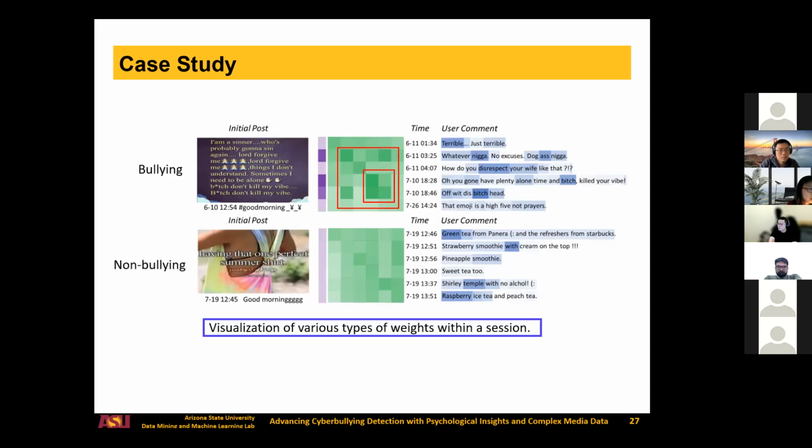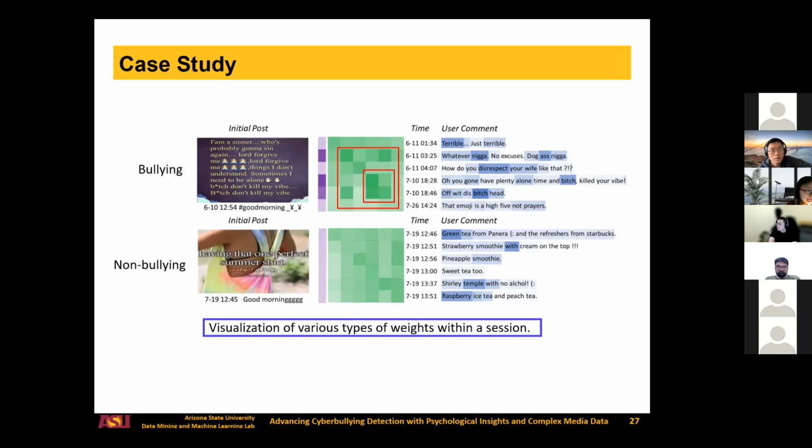Here are two sessions. One is a bullying session, one is a non-bullying session. We show that our model can accurately identify the words that are more relevant to cyberbullying, and also the comments that are more important to cyberbullying behavior.